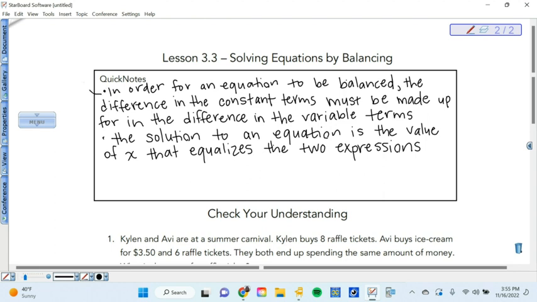I just want to kind of give you an example of that first part. So in order for an equation to be balanced, the difference between constant terms must be made up for in the difference between variable terms.